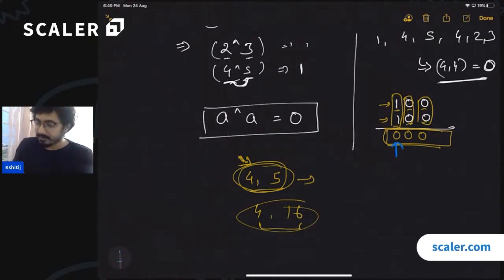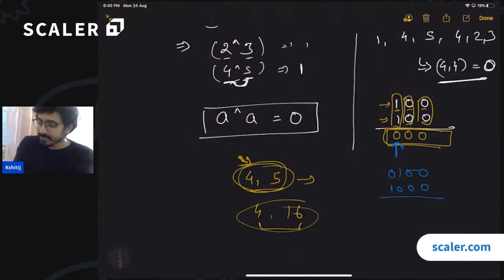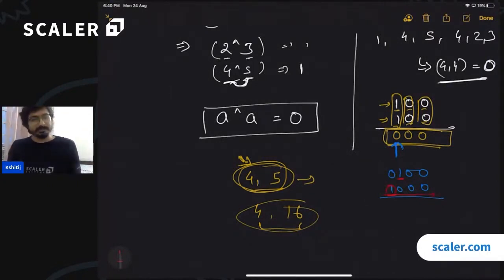For example, if I have 4 and I have 8, the most significant digit which is set in 8 is here. The most significant digit which is set in 4 is here. The number which has the most significant bit set as far left as possible is always going to be a number of higher magnitude, right? Because this is the bit with the highest power of 2.